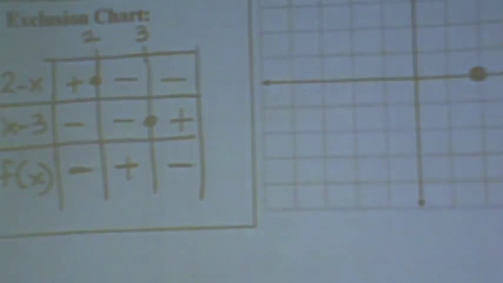So let's fly through these. What is our root? Our root is at 2, right here. At 2, put a dot. X equals 2. That's our root. Our vertical asymptote is x equals 3. So I want you to draw a broken line at 3.